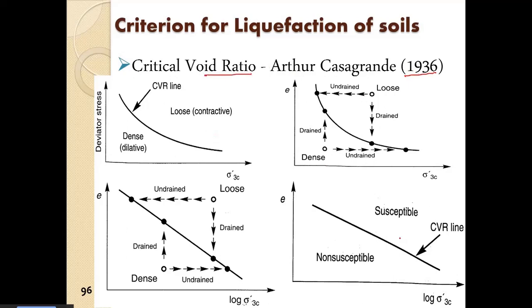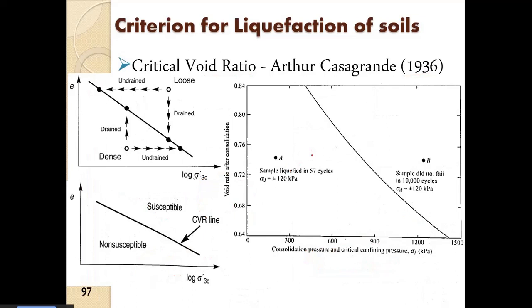He said that if the soil is on this side of the critical void ratio line, it is susceptible to liquefaction. If it is below this, it is non-susceptible. But as we have seen here, this is below the critical void ratio line, but it liquefied, and this did not liquefy.